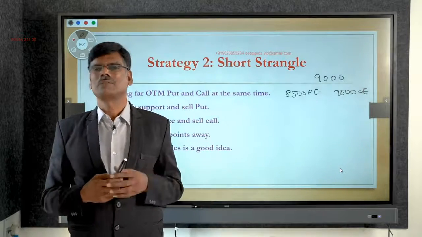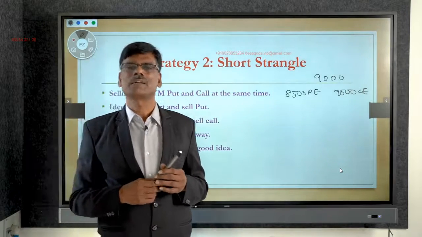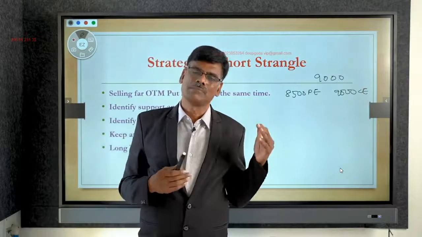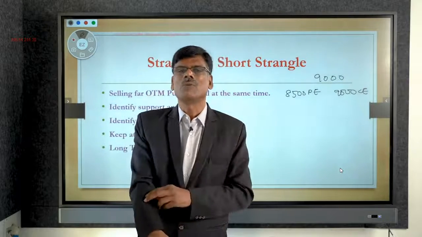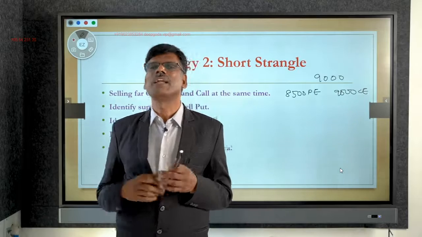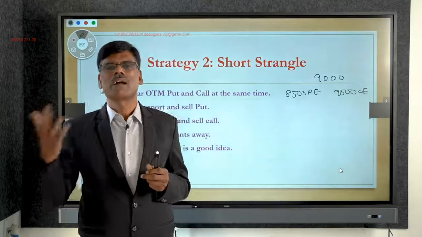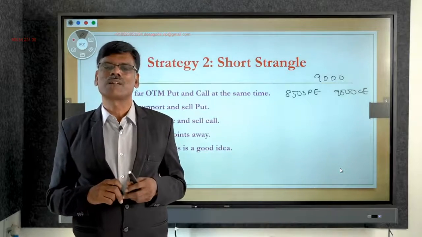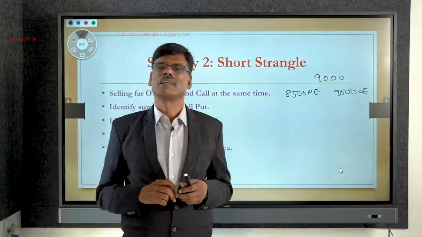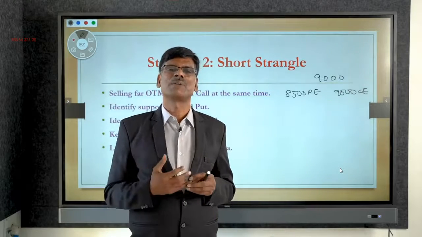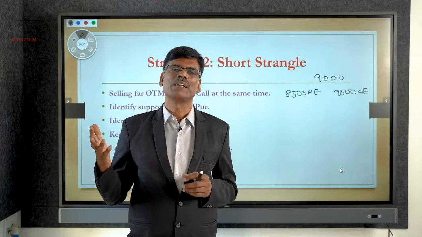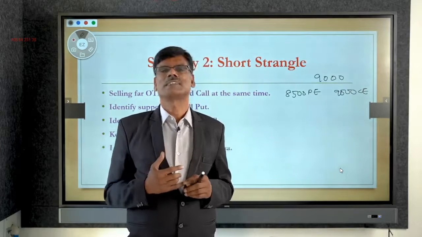So I also look at open interest. But to me, looking at open interest is not a big deal, because most of the time I contribute more to the open interest. Just for fun, I used to tell my friends, I don't look at the open interest, I create open interest.